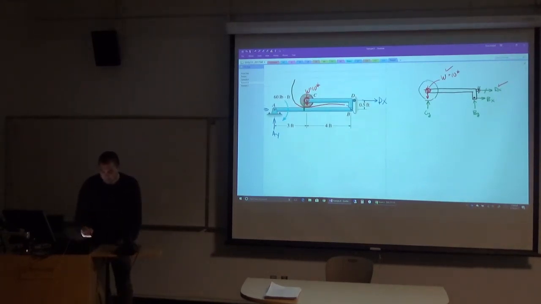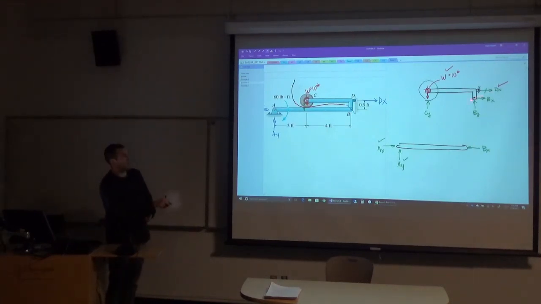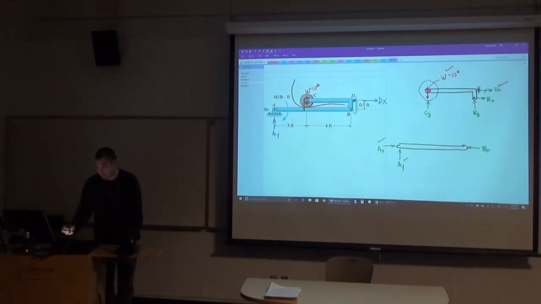Now, what if I chose everything on the other side of that section cut? I have AY that I know. I have AX that I know. And then here, I don't know what BX is. I need to draw it in the opposite direction of what I've drawn up above in order to get the same answer.